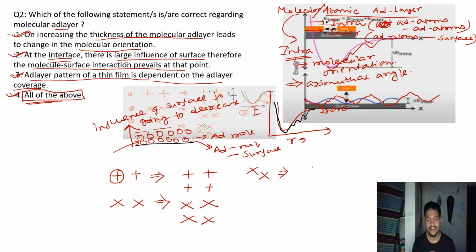So the ad molecule lattice can be like this kind of. And you can see clearly the interaction will be much higher in this case. So depending on the molecular orientation, my interaction energy E intra is going to be different. That is what I meant while talking about this. Okay, go to the next question. I think you have understood this.